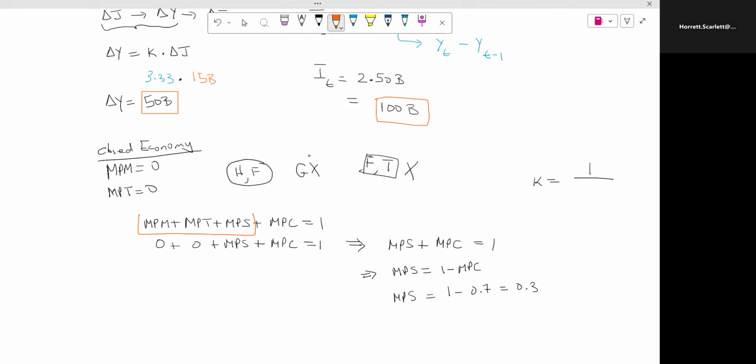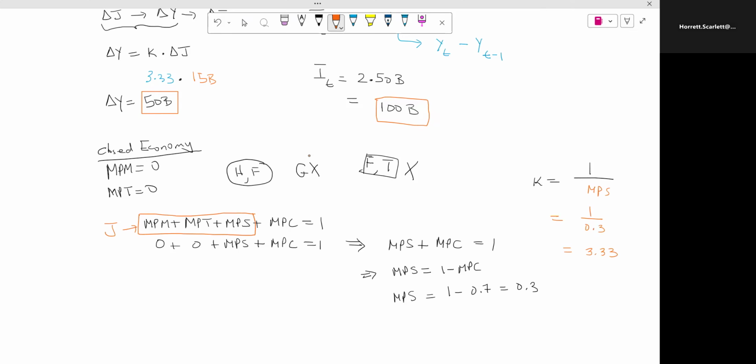This section, because remember we're dealing with injections. So this would be J, right? So therefore, because MPM is 0 and MPT is 0, it means that K is going to be equivalent to 1 over MPS. So we know that this is going to be equal to 1 over 0.3, which means that we will end up back with a 3.33.